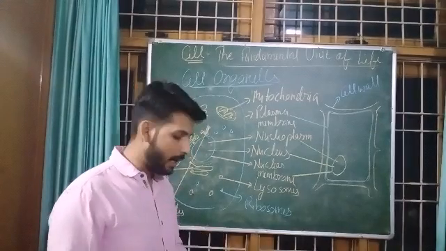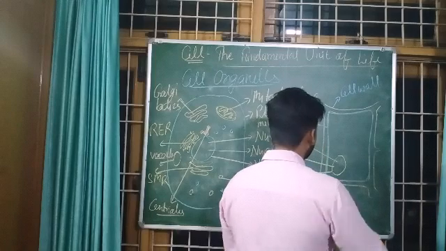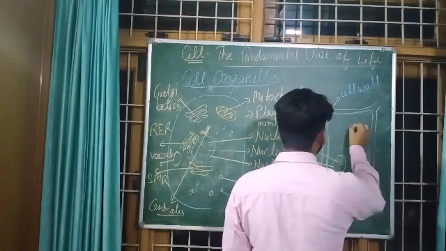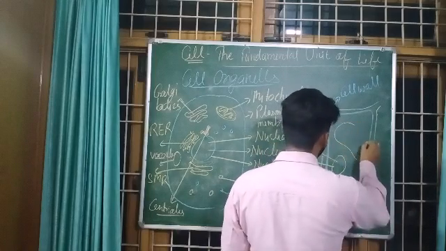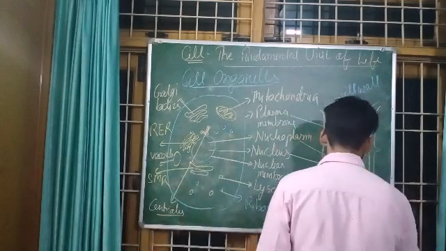And generally in a plant cell, vacuoles occupy most of the space of the cell. So here vacuoles are very large in size.